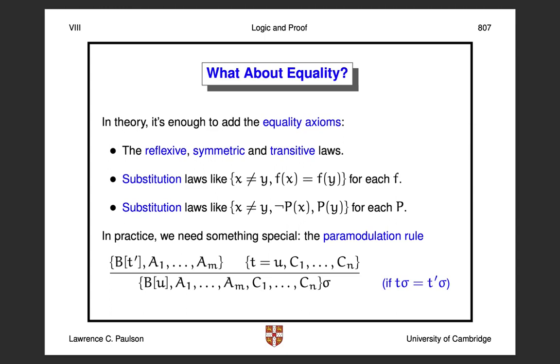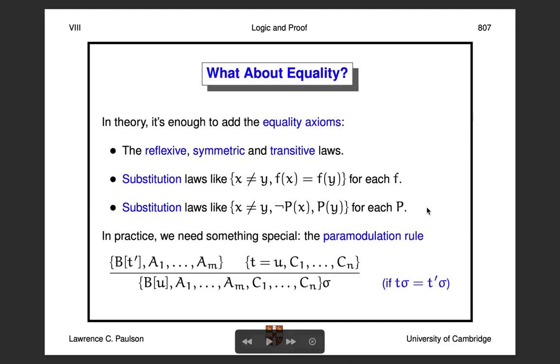Plus, for every function symbol f, let's assume it's a one-argument function, you put in clauses to say that f is, if you like, substitutive. All this says is that if x equals y, then f(x) equals f(y), which of course we expect. Equally for predicates, this one says if x equals y and if P(x), then P(y).